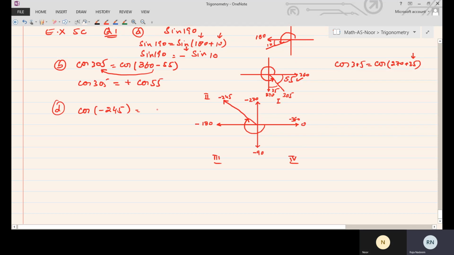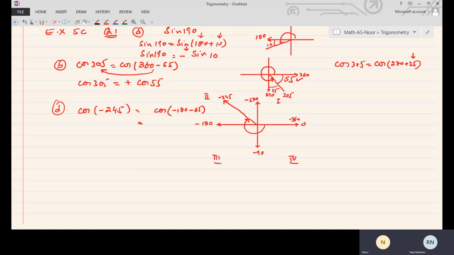Then I'll write cos of minus 180 minus 65, which would be equal to minus 245. Now cos is lying in the second quadrant. What is the sign, plus or minus, of cos in the second quadrant?